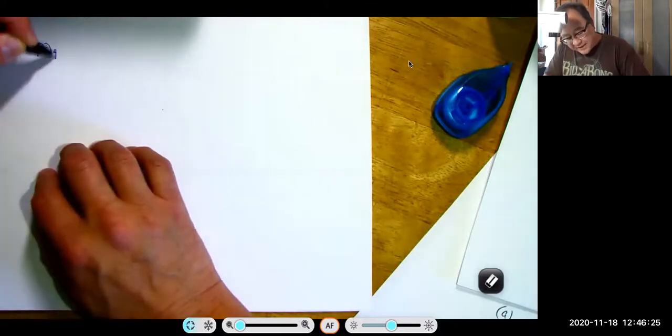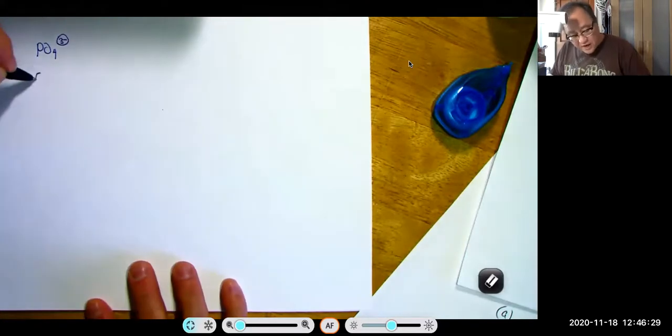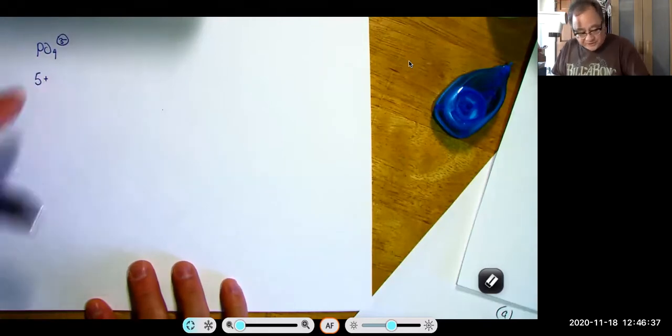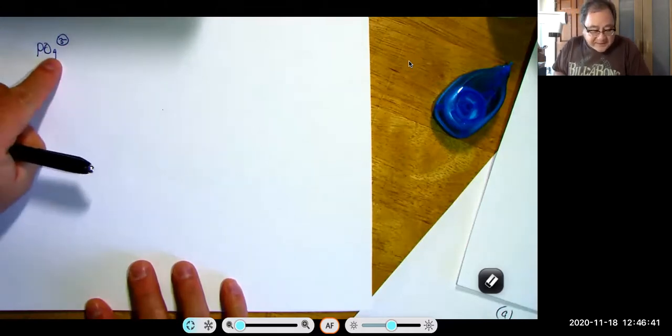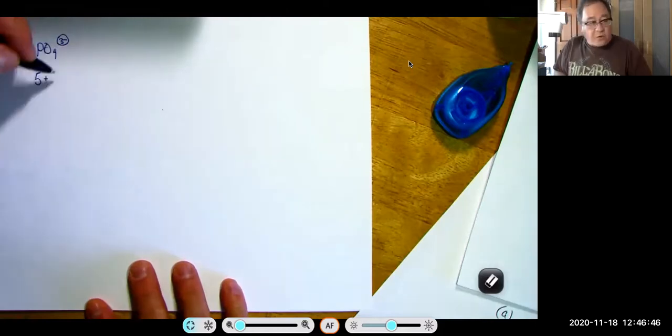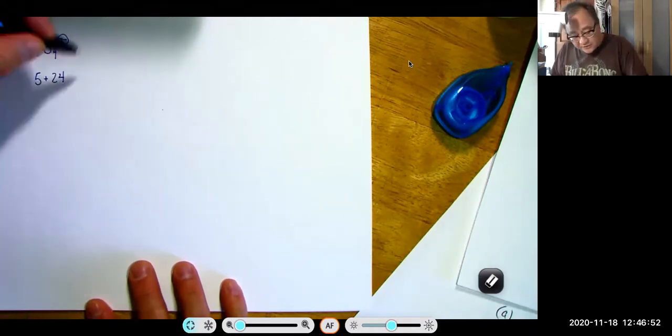Let's do another one here. PO4 3 minus. There are 6 electrons for oxygen. There are 5 electrons for phosphorus. There are 6 electrons for each oxygen with 4 total. 4 times 6 is 24. And we add 3 electrons because of the charge.